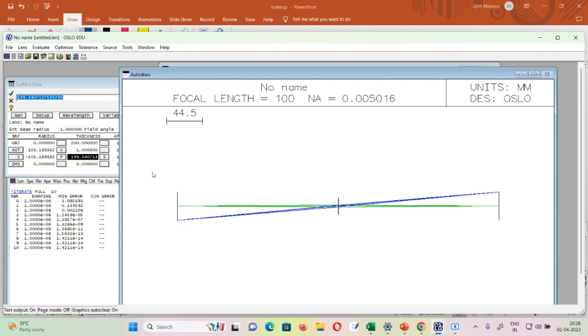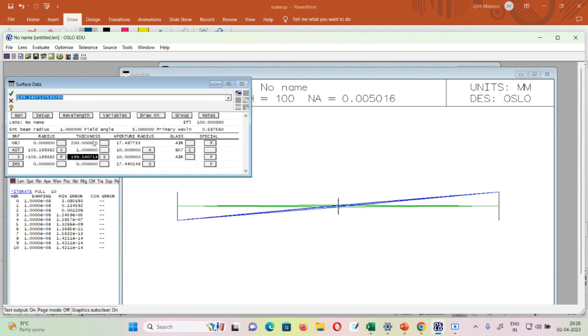So when the object is at 2f, the image will also be at 2f. The aperture radius of the object is 17.49, and the image size is 17.44. The size of the object and the size of the image is the same.